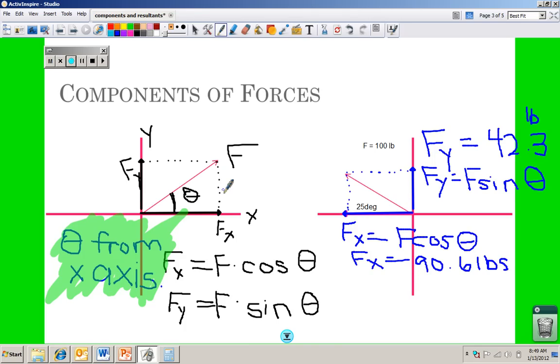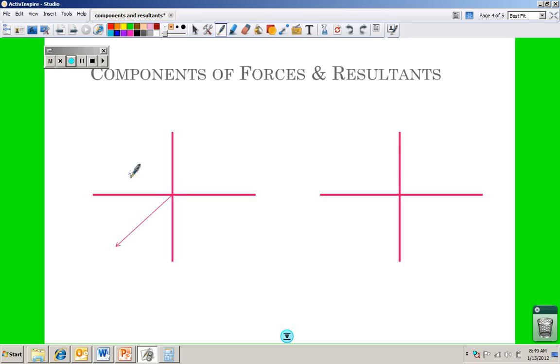Alright? Now, let's look at another example. Alright, we've got one more here to try. This time, this is 1,000 newtons, and this is 50 degrees.